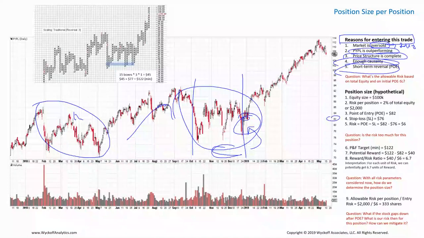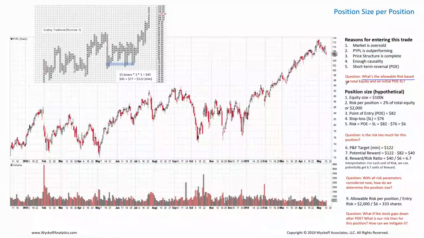So the next question is, what's the allowable risk based on the total equity and on our initial difference between point of entry and stop loss? Let's assume that we have a 100% equity, 2% per position risk is gonna equal 2,000. Our point of entry is 82. Our stop loss is gonna be somewhere here, 76.